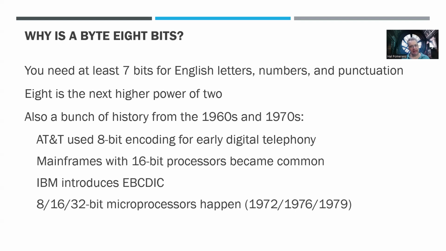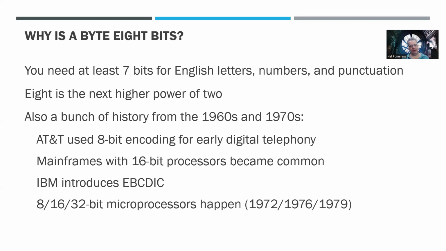And they used an 8-bit ULAW encoding for encoding telephone calls in the earliest digital telephony systems. So, okay, the phone company standardizing on 8 bits. We need to make equipment that the phone company uses. Maybe we should use 8-bit bytes.